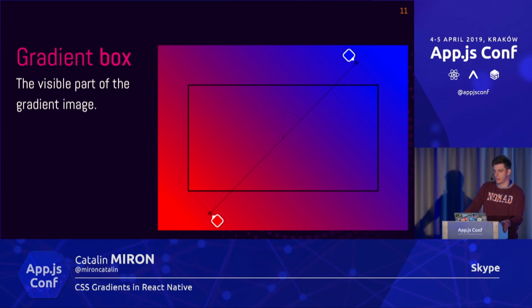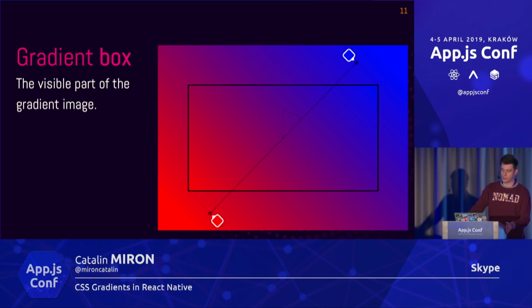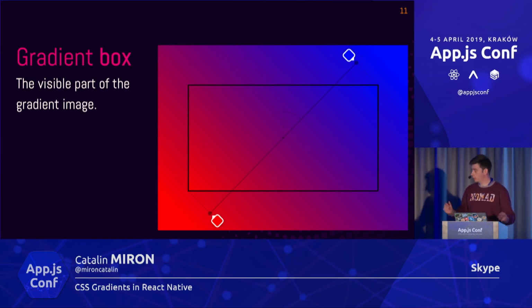It's infinite. What makes the gradient visible is the gradient box, which I emphasize here in the corner, in the rectangle. More or less, the point here is that the gradient box is the visible part of the gradient image.